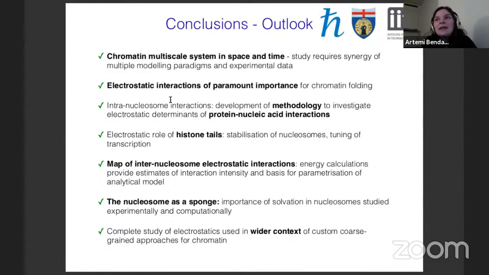When it comes to Delphi, that's a different approach because it's a continuum. So when I do calculations with Delphi, I just ask it to have physiological ionic concentration, and that's it. I guess it really depends on what you want to do.